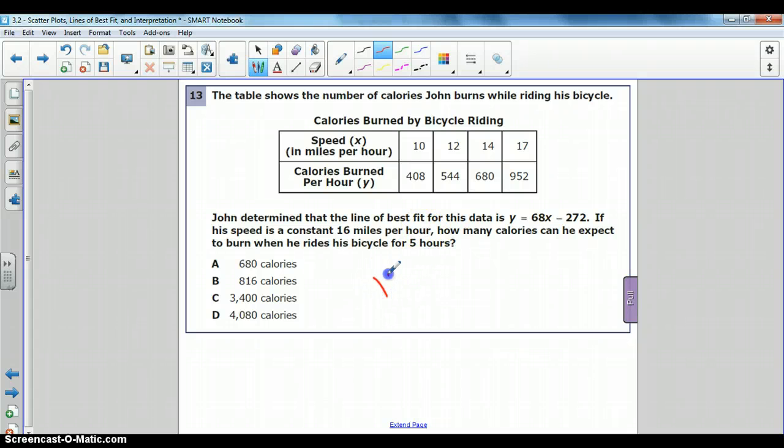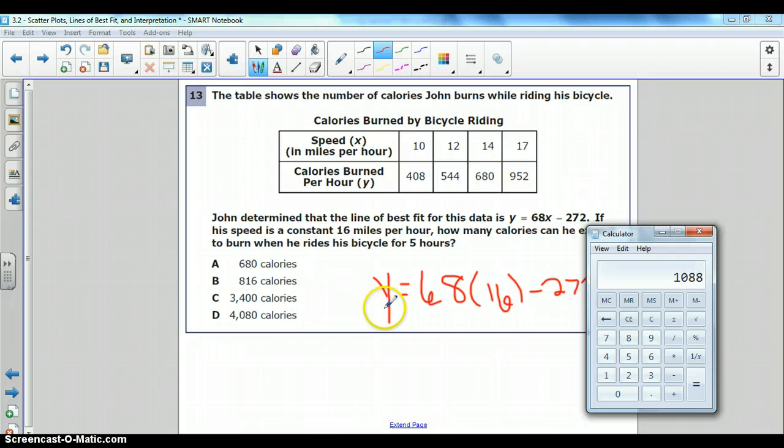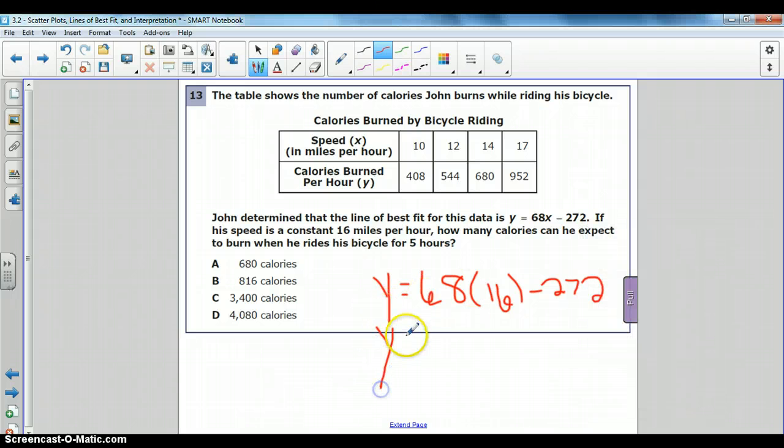Okay, so let's find out how many calories he's burning if he's riding his bicycle at 16 miles per hour. Okay, 68 times 16 is 1088 minus 272.